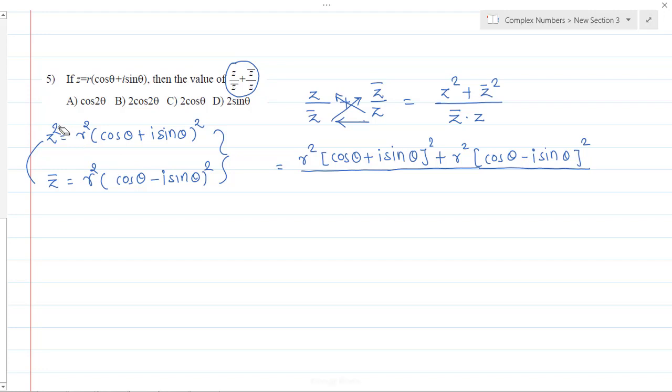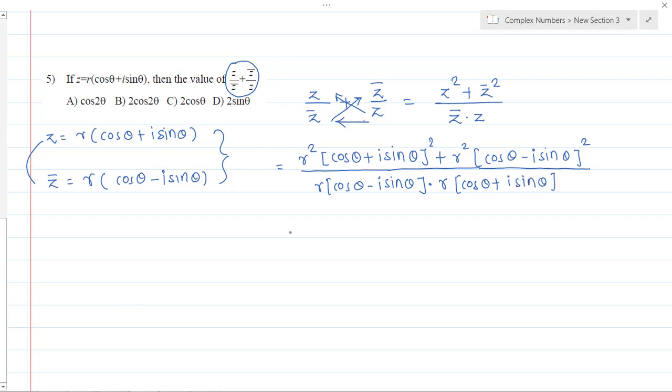Z bar is what? It is r cos theta minus i sin theta into r cos theta plus i sin theta.